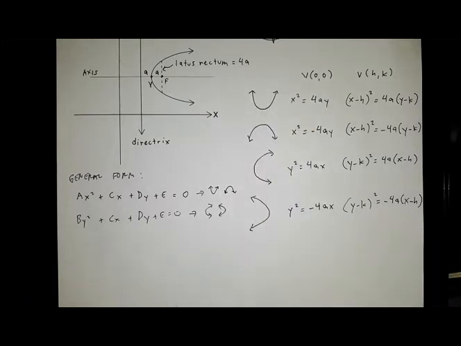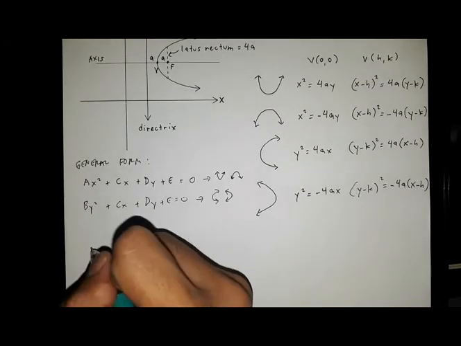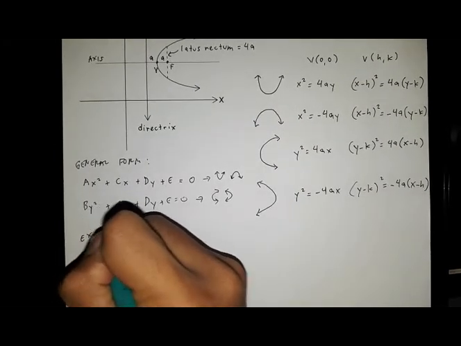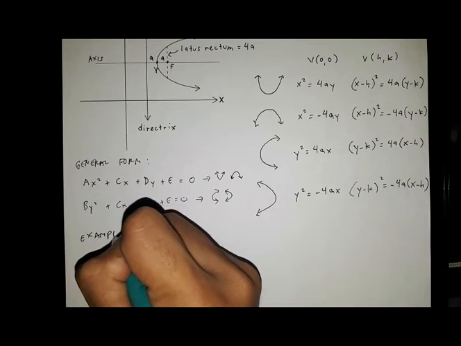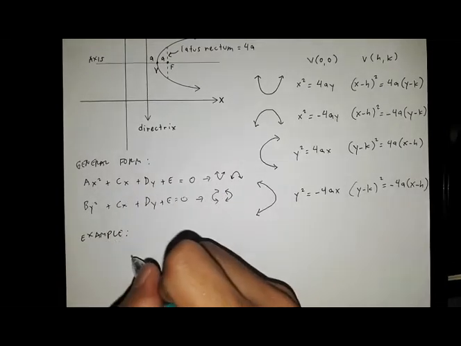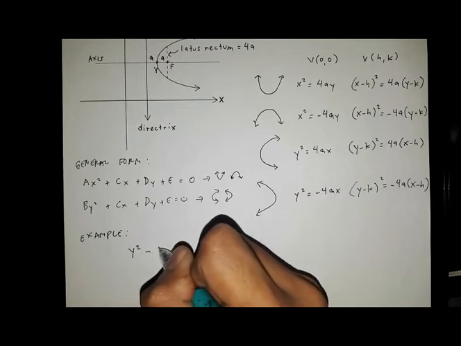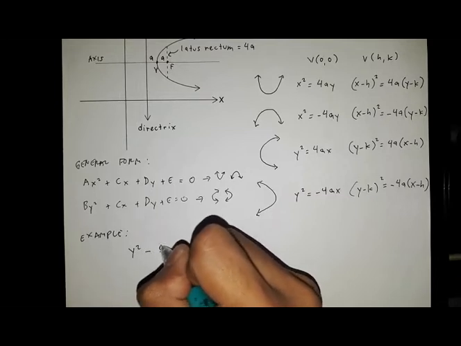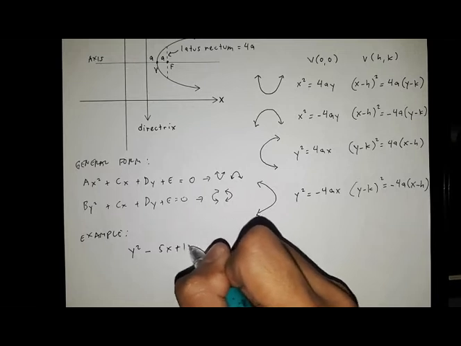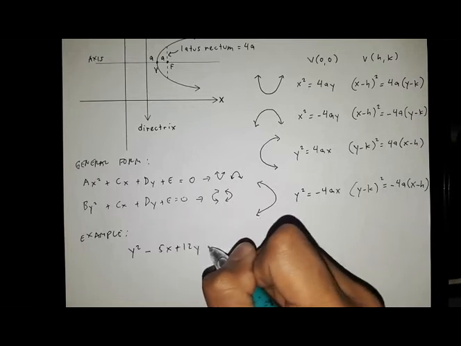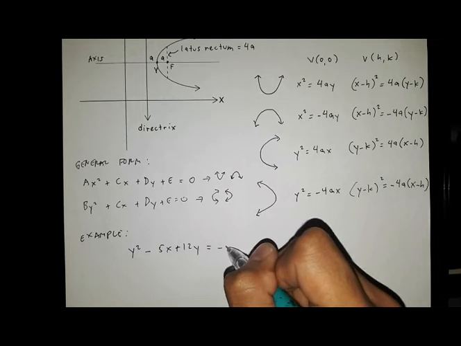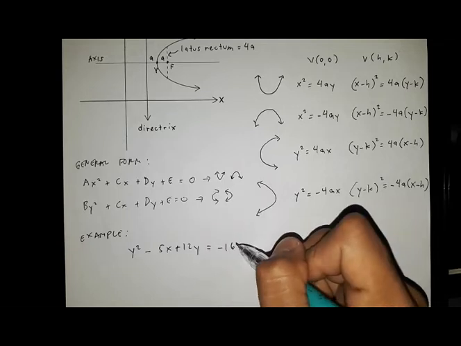Now let's solve an example. So let's say we have y squared minus 5x plus 12y equals negative 16.